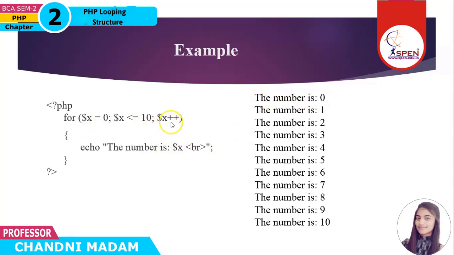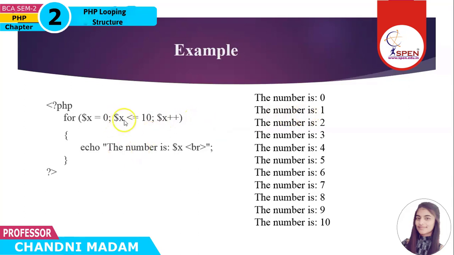Now we increment x by 1, so 0 plus 1 equals 1. Next time 1 is less than 10, the condition is true, so it echoes the number is 1. Now 1 plus 1, we increment our counter by 1, so it is 2.